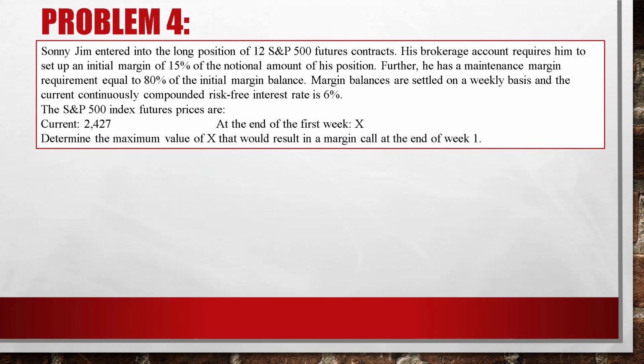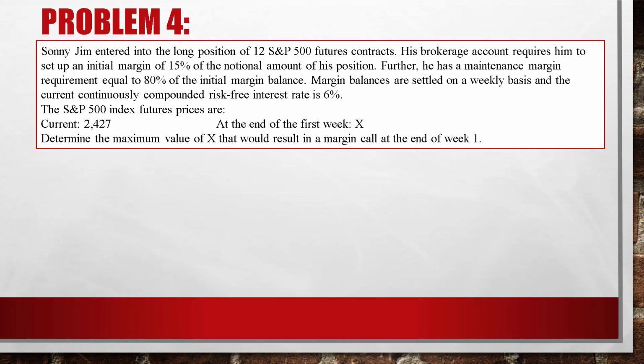Problem 4, just do it similarly. Sonny Jim entered into a long position of 12 S&P 500 futures contracts. His brokerage account requires him to set up an initial margin of 15% of the notional value of his position. Further, he has a maintenance margin requirement equal to 80% of the initial margin balance.